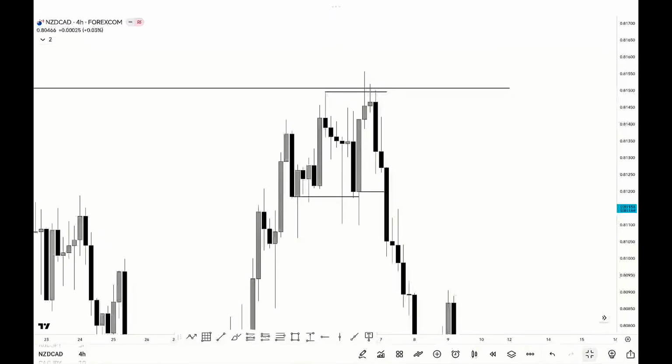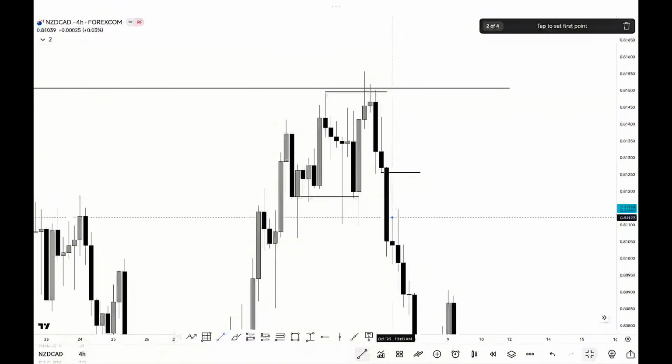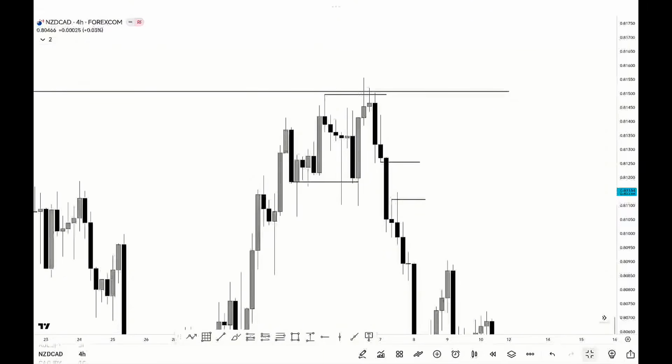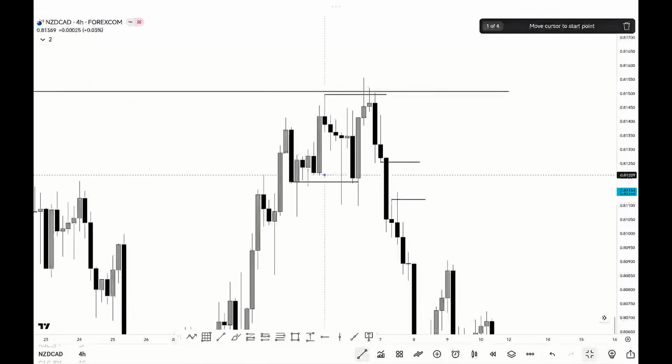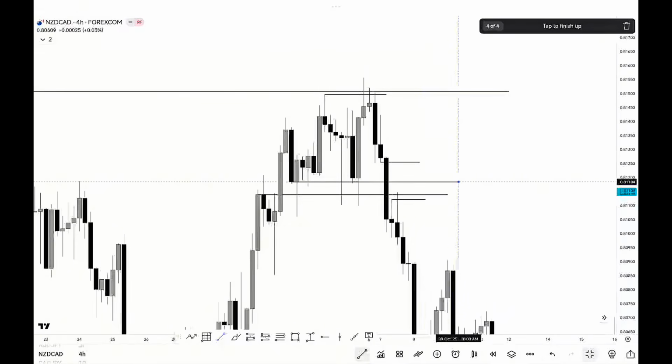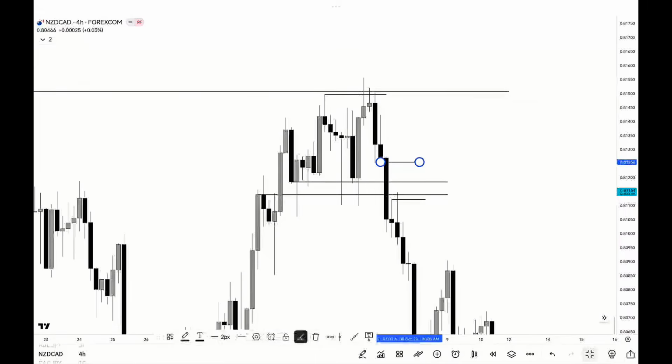And we had an imbalance formed here already, which makes more sense. You have this imbalance from this high to this high. Is there any key level overlapping the imbalance? Yes, there is. We have this distributed A-shaped key level here, and we have these V-shaped key levels, which makes more sense, right? So take a look at that.